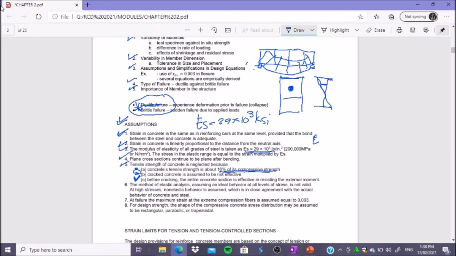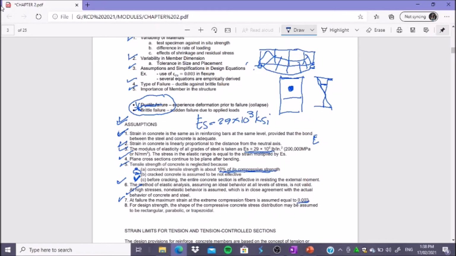Number 6, the method of elastic analysis, assuming an ideal behavior at all levels of stress, is not valid. At high stresses, non-elastic behavior is assumed, which is in close agreement with the actual behavior of concrete and steel. Number 7, at failure, the maximum strain at the extreme compression fiber is 0.003.